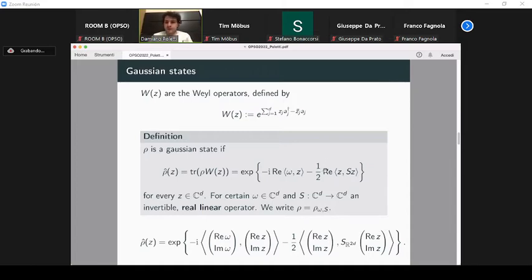To further convince you of this fact, the real part that appears in front of the complex scalar product means that we are considering the real space associated with C to the d.